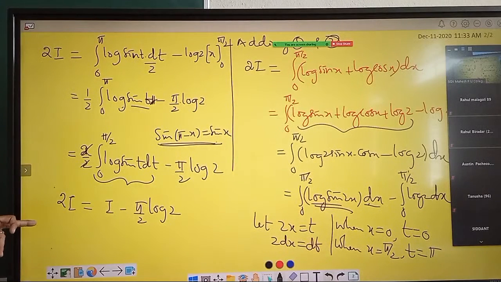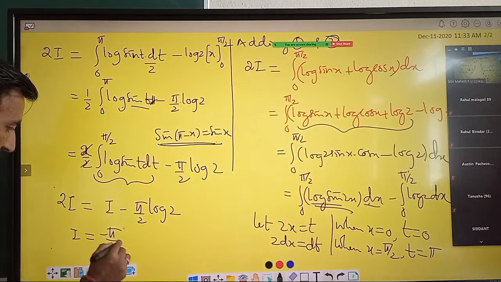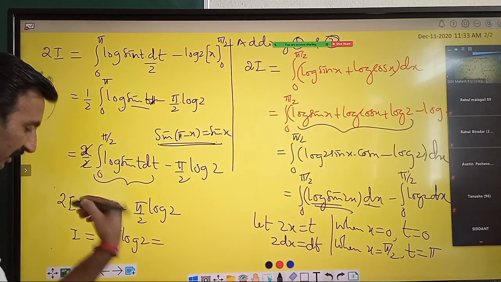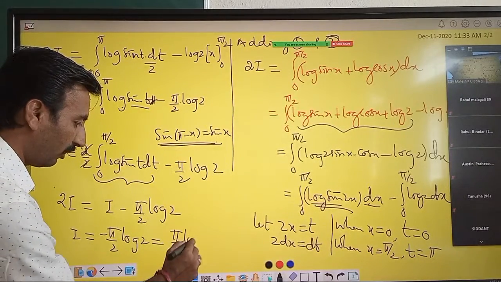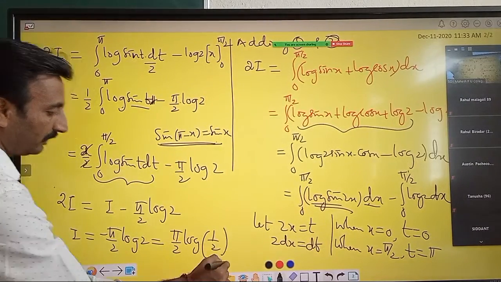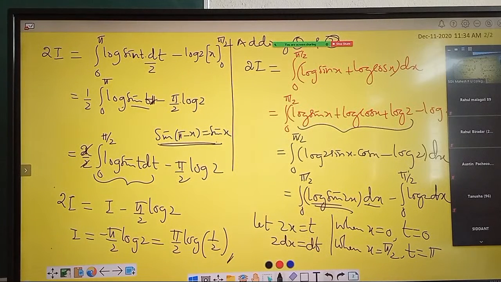This I will take to the left side. What do you get? I equal to minus pi by 2 log 2. Or else, as I told you this morning, you can take the minus inside: this is pi by 2 log of 1 by 2. This is the answer for this.